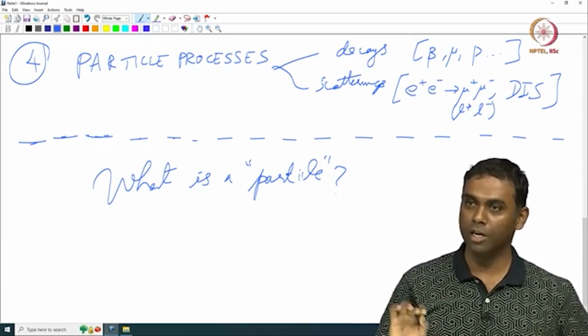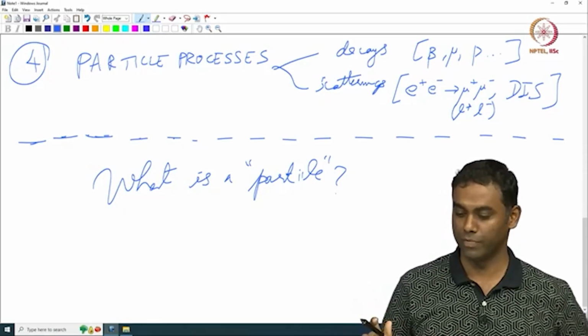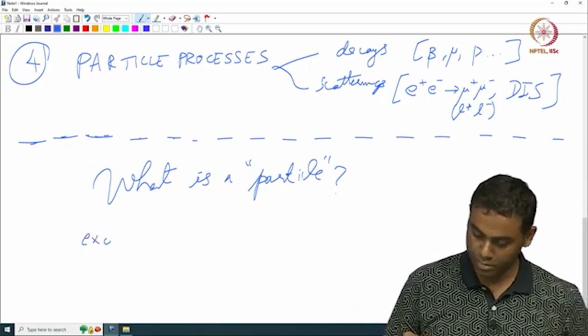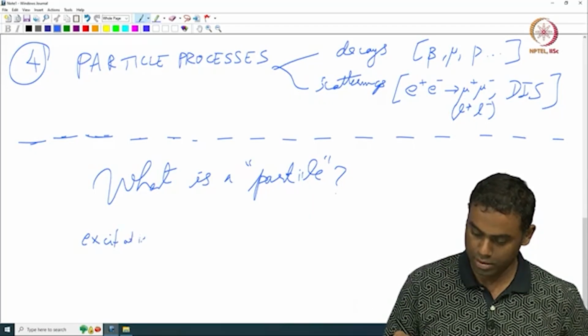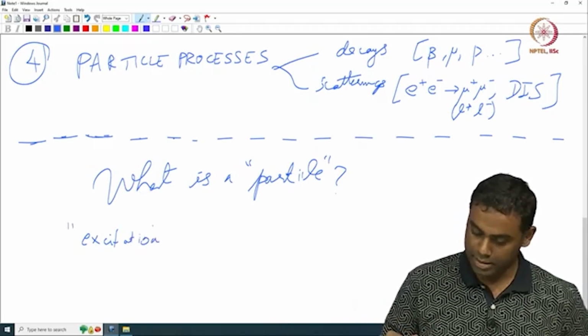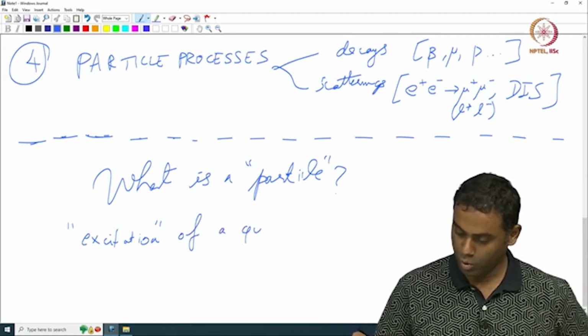very specifically we are going to see particles in two different senses. Okay, one is, as one of the students here said, an excitation of a quantum field.